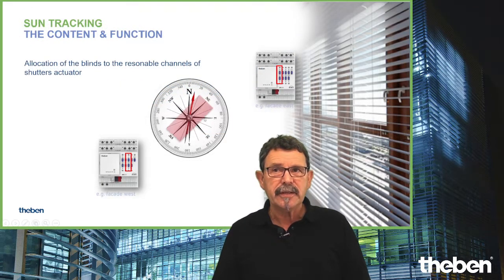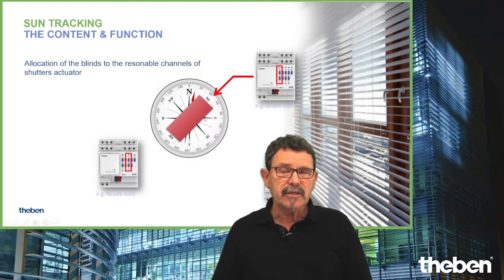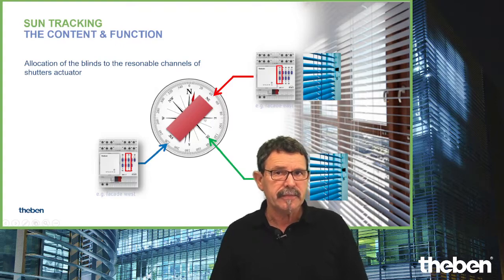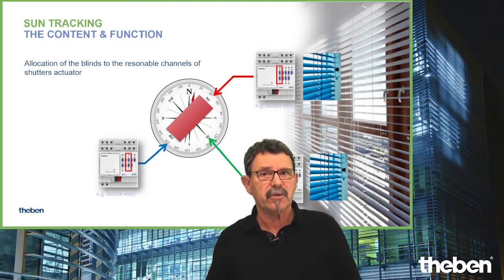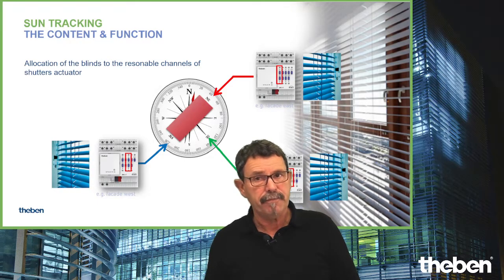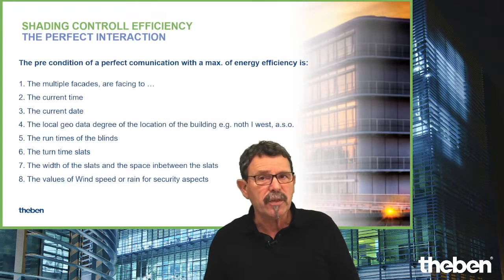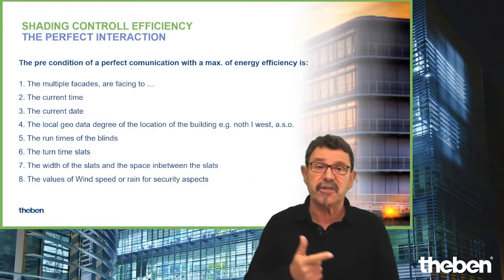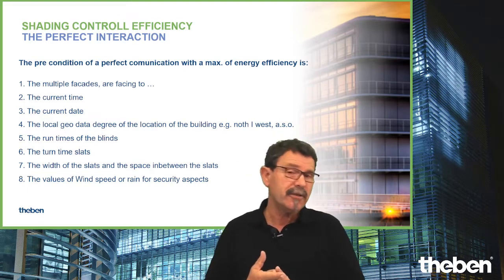Then we need to know the different facade directions: south, west, east, north. And accordingly we can separately control these different facades. You got me? In general, pretty simple. Then we additionally need the current date, so whether it is January or December, this we need to know.